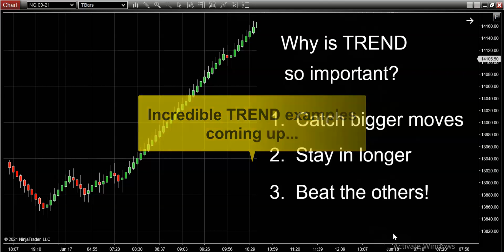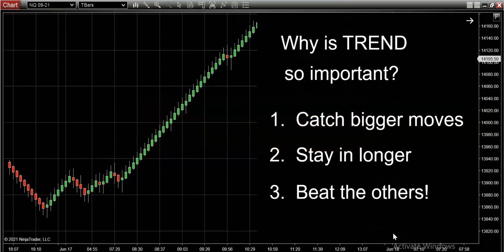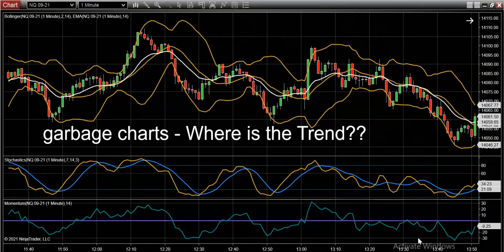All right, before we get there, I want to impress upon you why trend trading is so important, and I want to talk to you about these three things. All right? Trend trading allows you to catch bigger moves. It's that simple. For example, how many times have you loaded up your typical candlestick charts and all these nonsense oscillating tools?